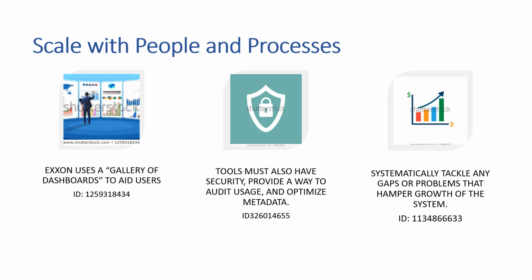They provide audit usage, and they optimize metadata. We again offer a class in security, and I encourage any of you getting the data analytics certificate to also take this course. Then systematically tackle any gaps or problems that hamper the growth of the company's system.